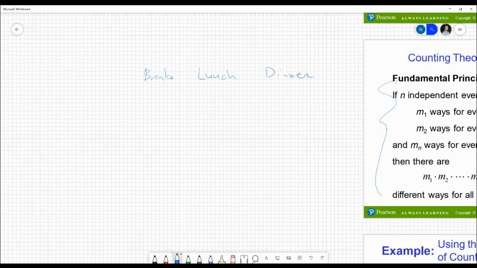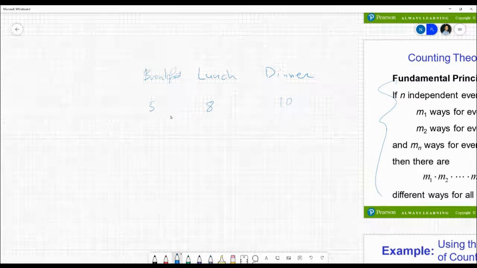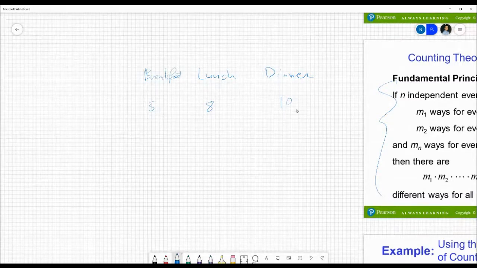For breakfast, we have 5 different items to choose from. For lunch, we have 8 different items. And for dinner, we have 10 different items to choose from. From these choices, how many different possibilities are there for us to pick one item from each?